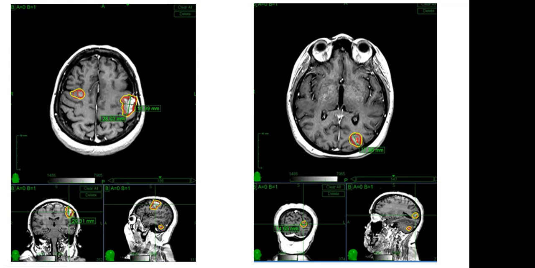This is a nodular meningeal involvement along with parenchyma, but no other leptomeningeal disease anywhere. The leptomeningeal disease guideline, which has been published I think 2 or 3 years back, clearly mentions that if it's a nodular focal involvement, there is no need of doing any whole brain radiation therapy.